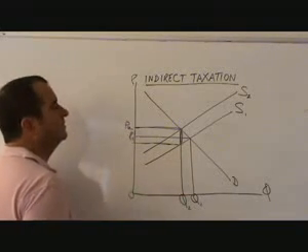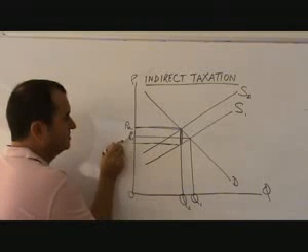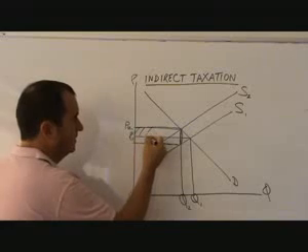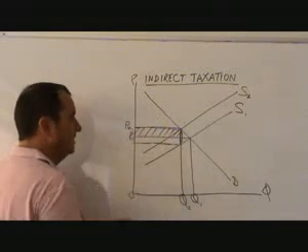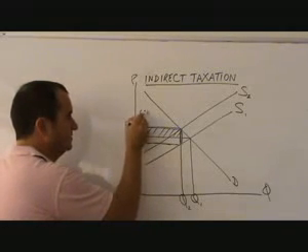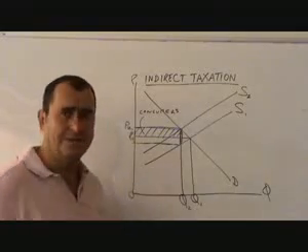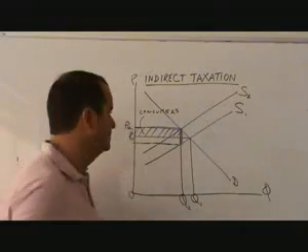But we observe also that the consumers have only seen a price rise from P1 to P2, which implies that this part of that entire tax revenue is paid by the consumers. This is paid by the consumers. That's the burden or incidence of tax on the consumers, levied on the consumers.